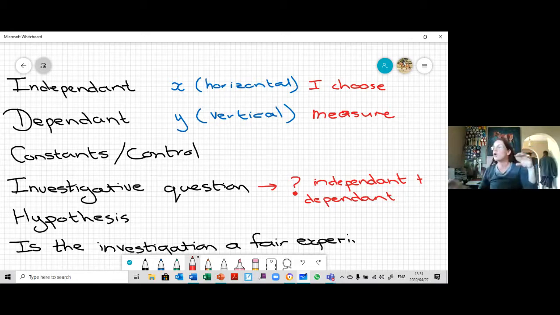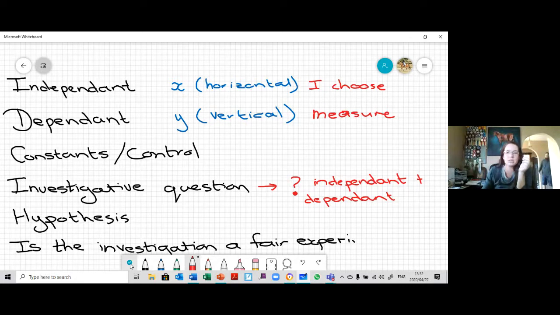You can't have an investigative question if you don't have both. Now for organic chem, they often ask the boiling points, and I've seen them ask, give an investigative question for this. So you start by saying, what is the effect?